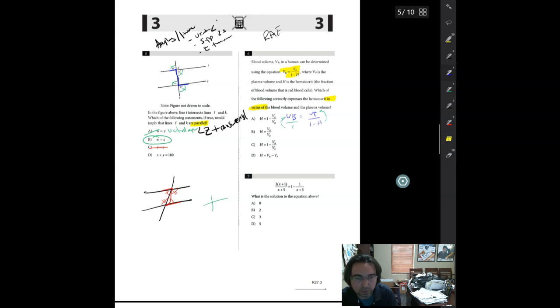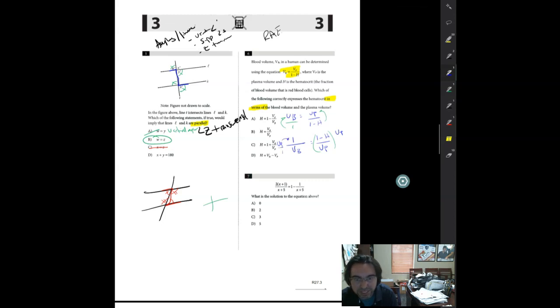So what I'm going to be left with is 1 over VB equals 1 minus H over VP. Now what I can do, which is a little bit simpler because I don't have to distribute this thing into the others, is multiply by VP, and I'll multiply by VP over here, which then puts that into the numerator.